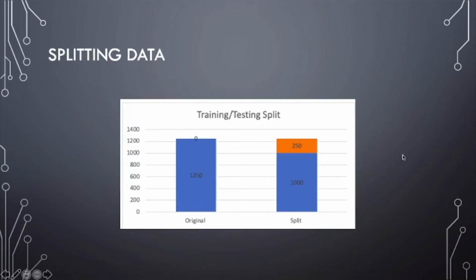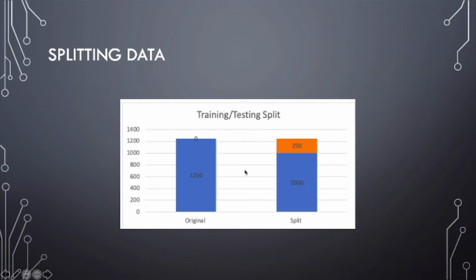So after we do this, we need to split our data. Splitting our data into training and testing splits is very important. In our original data set, like you've seen before, we have 1,250 data points. We want to split this into a 20% and 80% split.